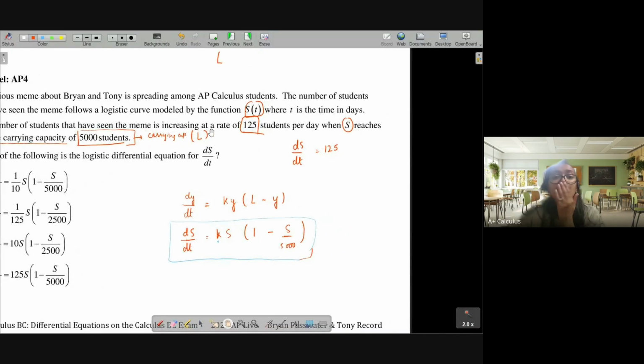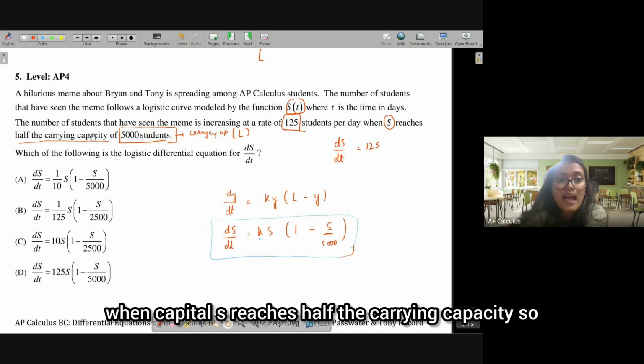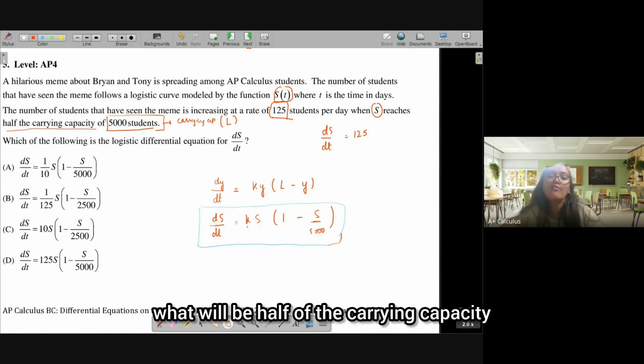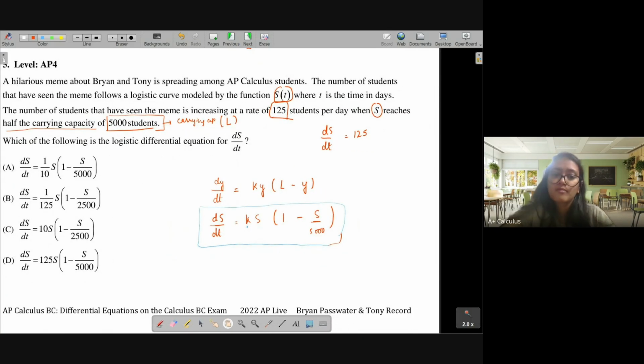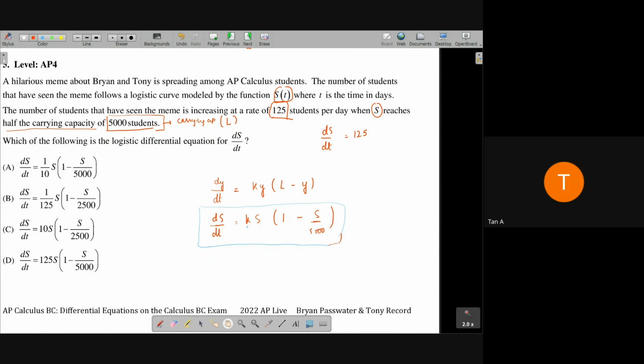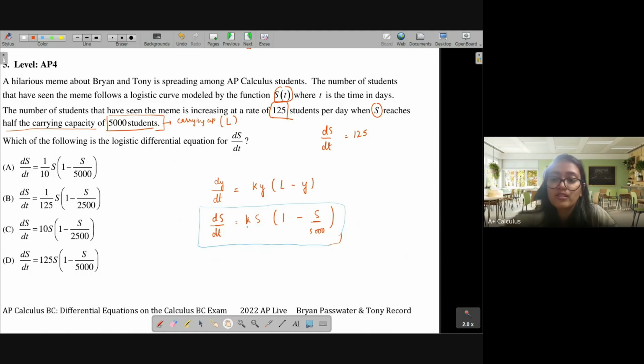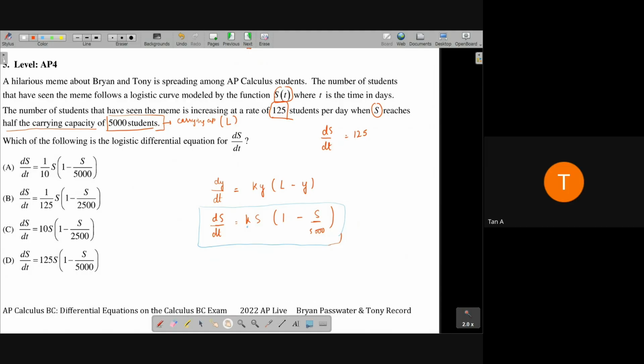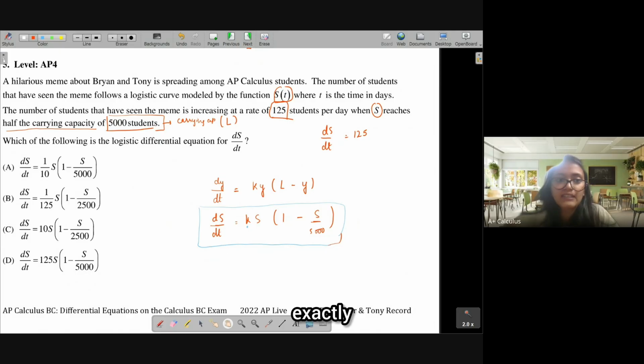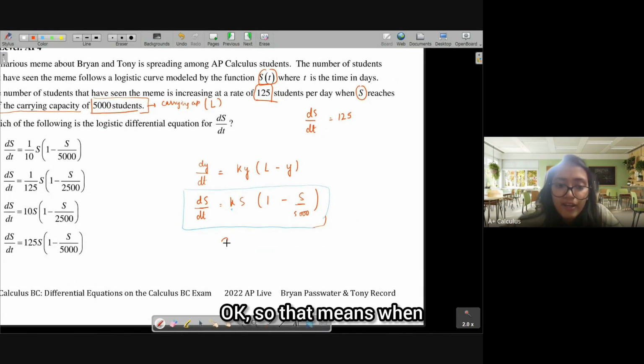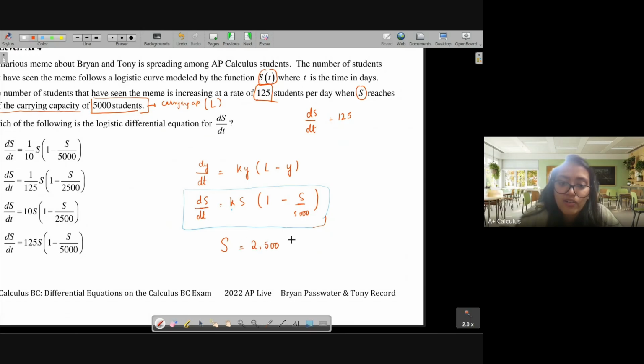Now it says the rate of increase is 125 when capital S reaches half the carrying capacity. So what will be half of the carrying capacity? Half of 5,000, that is 2,500. So when S reaches half the carrying capacity, when S is 2,500, at that point ds over dt should be 125.